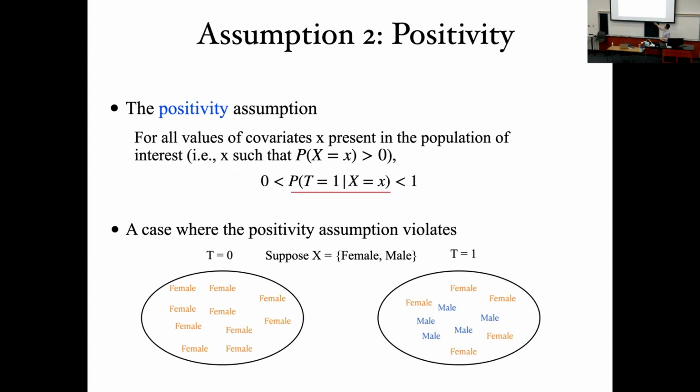Basically, it says that given each value of the feature x, the probability for treatment to be 1 or 0 is between 0 and 1. There's a chance for this person with x value to receive treatment or to be in the control group. So this is the positivity assumption. The conditional probability right here should be positive.